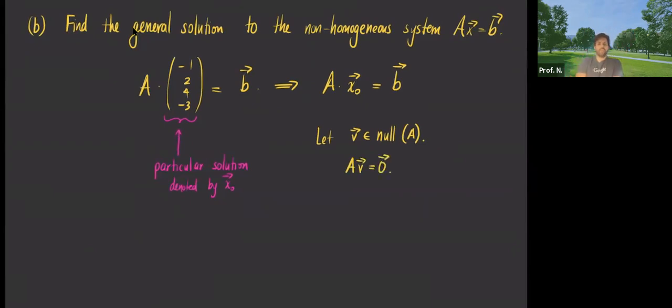That's what it means. If you have a vector in the null space, then when you multiply by A, it gives you 0. So then what happens when I do this? What is this supposed to give me?